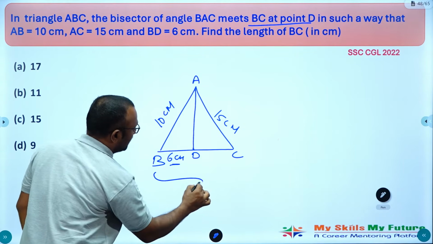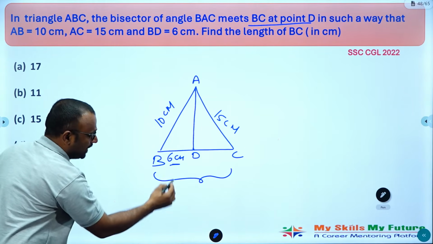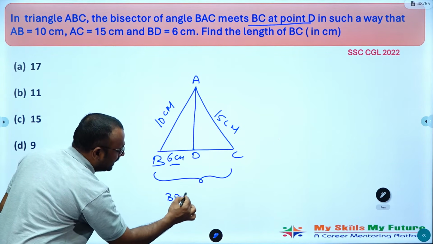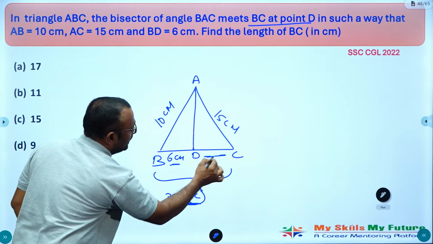So we need to find the length of BC. We get BD and DC, so we need to find the length of DC.